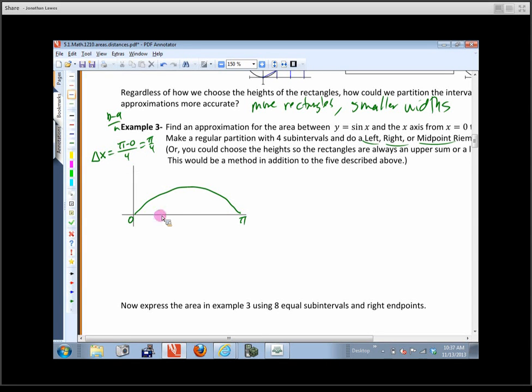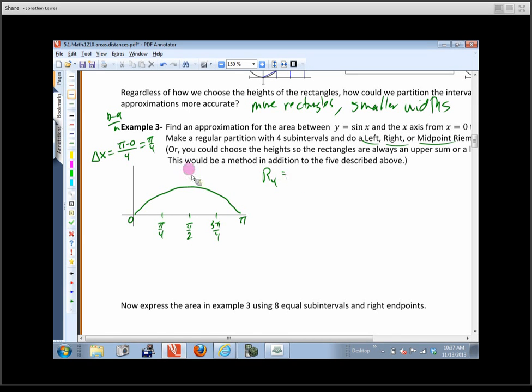So this is pi fourths, this is pi halves, this is 3 pi fourths. Now, I would rather keep this relatively easy. Midpoints are more accurate, but they're harder to do. So I'm going to do an R4. 4 equal subintervals, I'm going to choose the right endpoint.